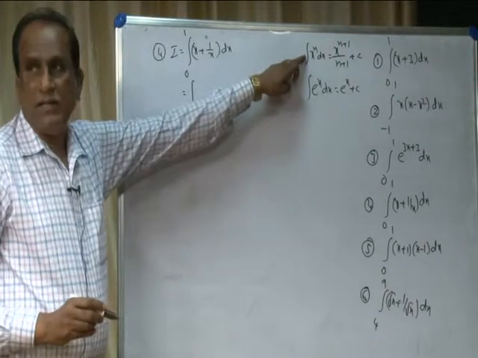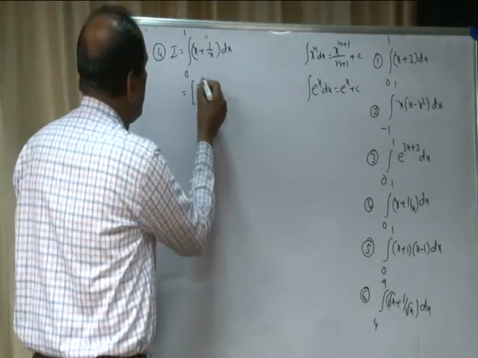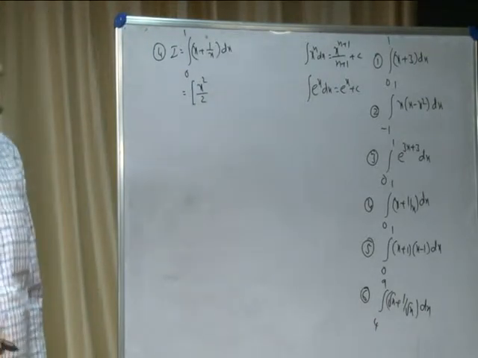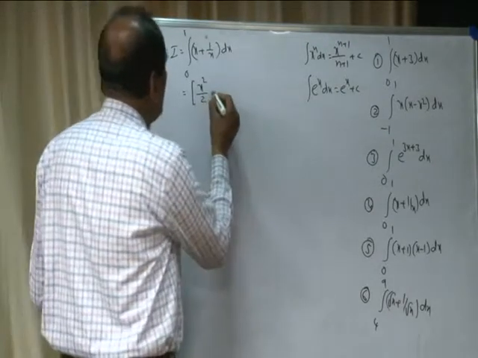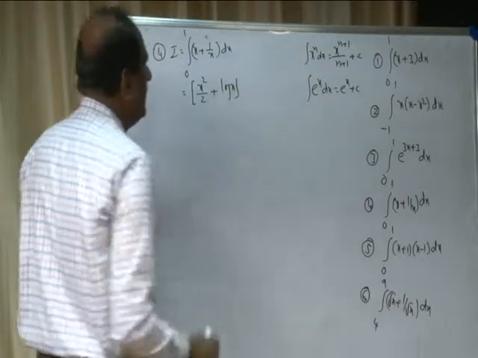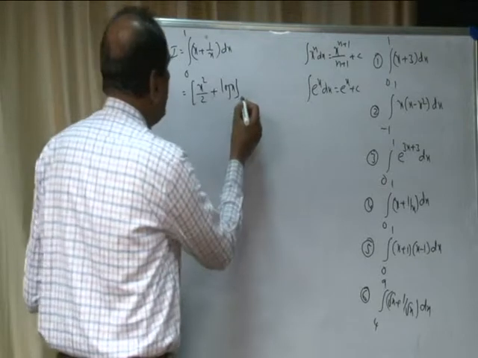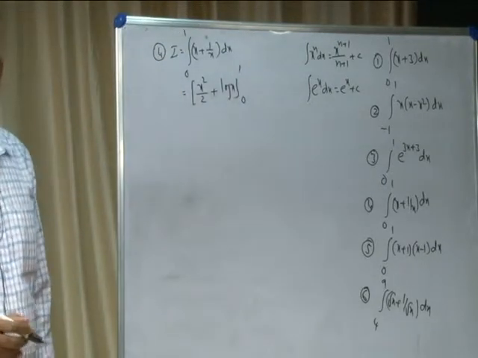Using the first formula, we get x square by 2, the integration of x with respect to x is x square by 2, plus the integration of 1 over x is log x, between the limits 0 and 1.